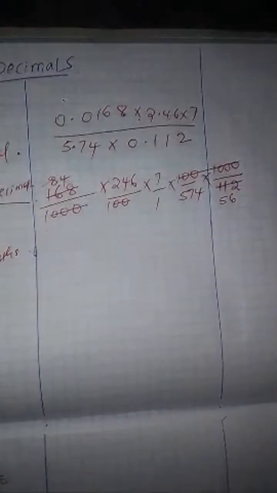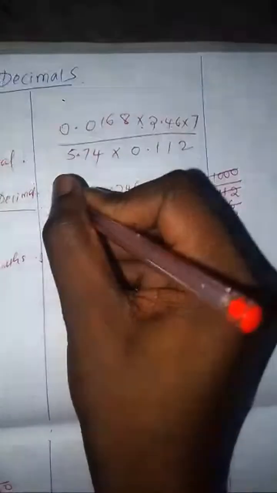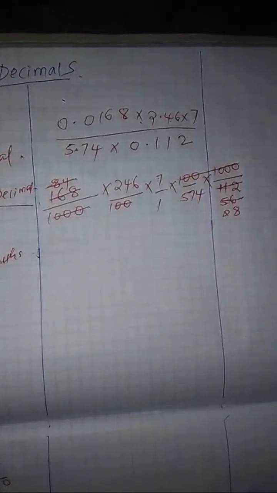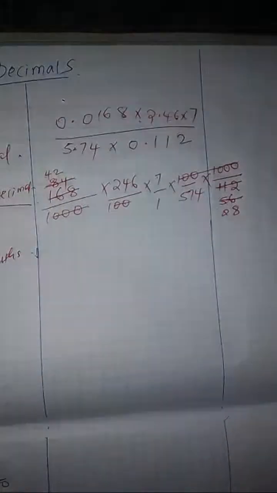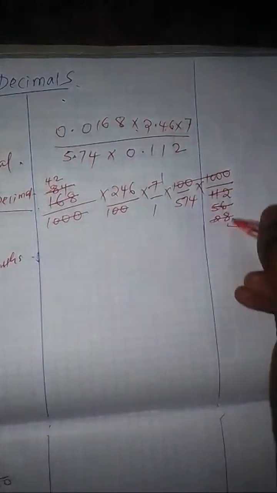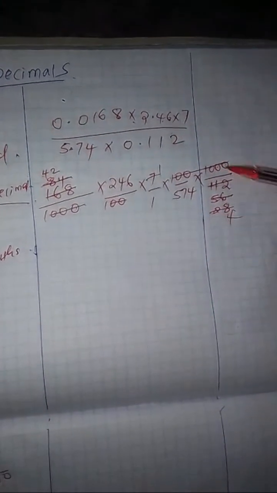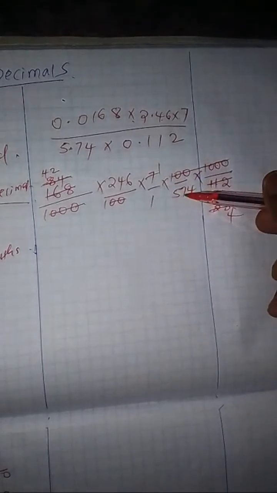Here when we pick 2, we shall have 28. 2 into 84, 42. Now this 7 can be simplified. 7 here, 1, 7 there, 4. So this side is done.